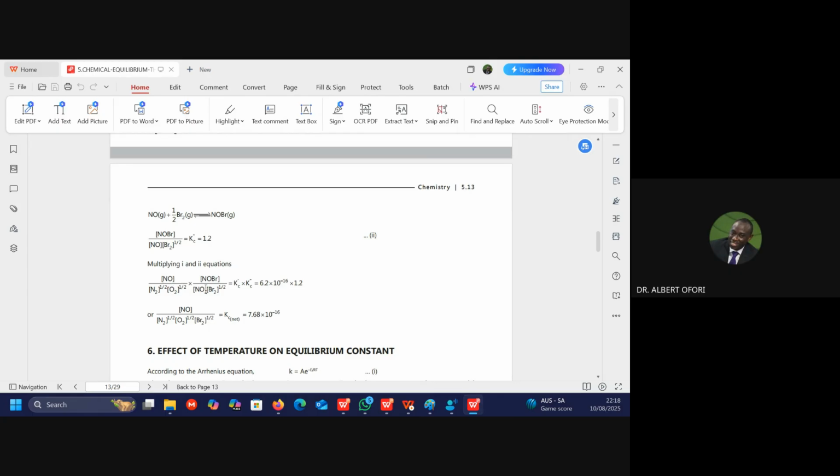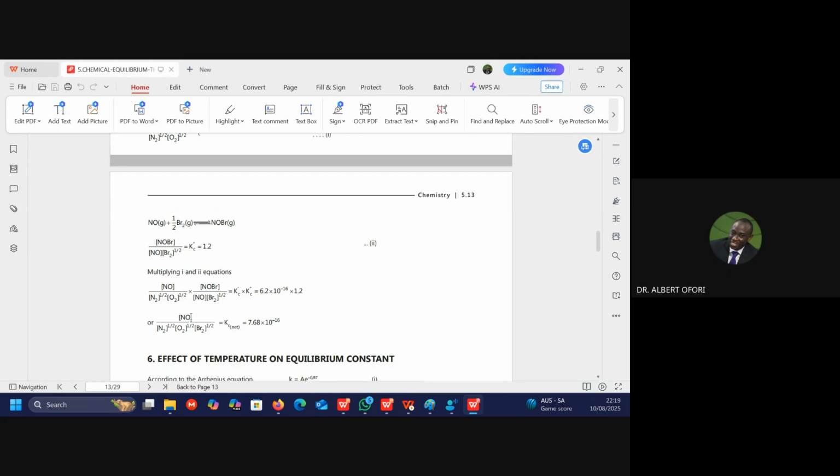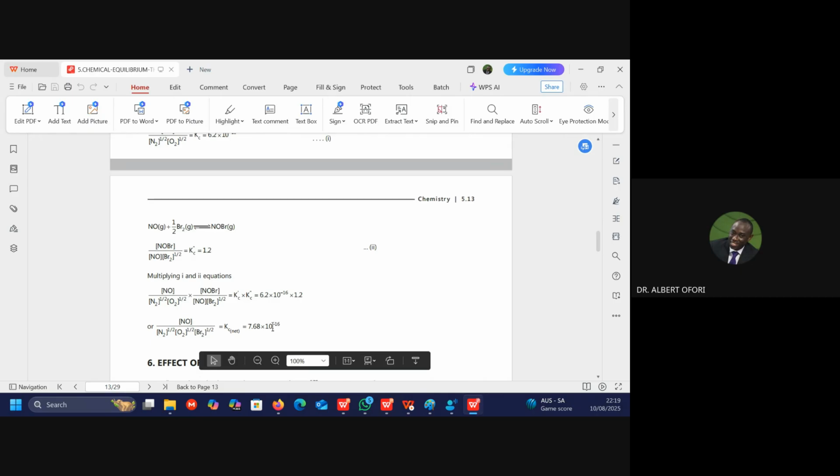When we multiply, we get the same as the net equation. That's why we are multiplying their K values. Does it make sense? Yes, Doc.